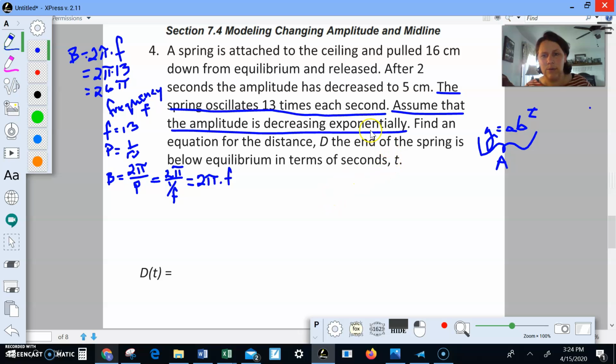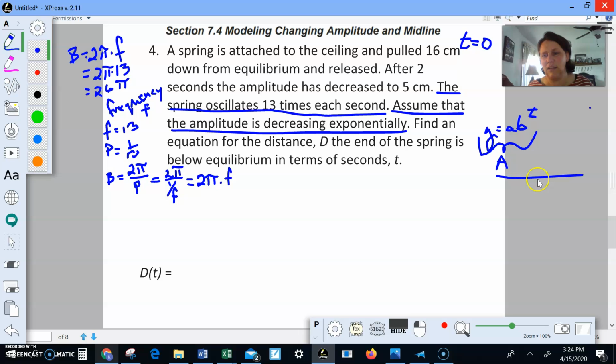So let's keep going through this. This says a spring is attached to the ceiling and pulled 16 centimeters down from equilibrium and released. So at the very beginning, at time t equals 0, right when we're starting, our spring is pulled down. Now let's draw a little bit of a picture.